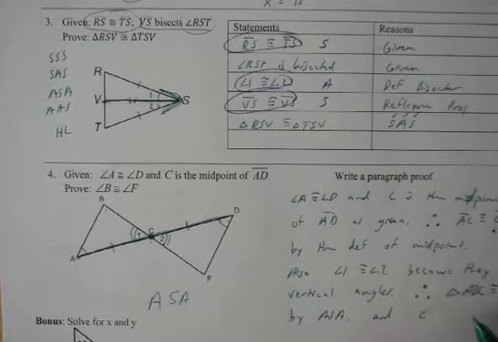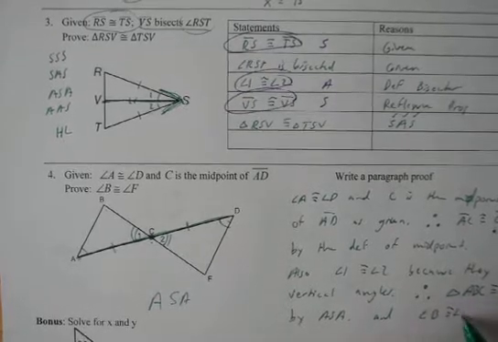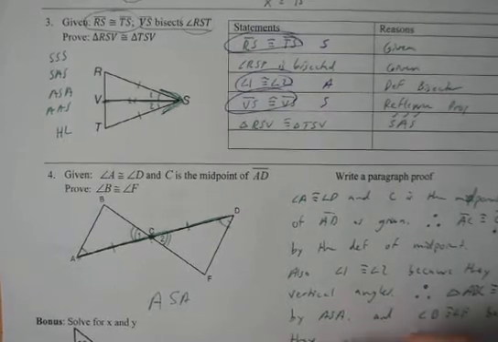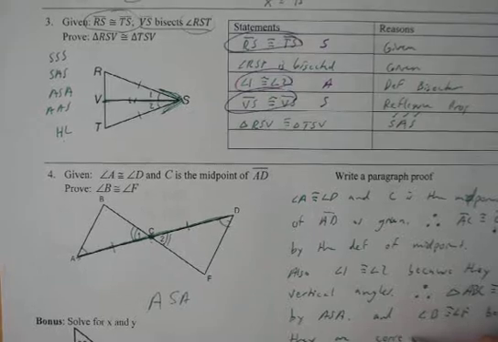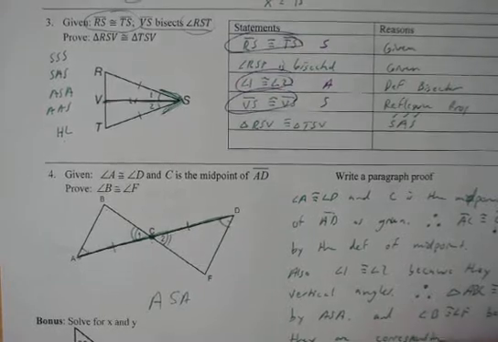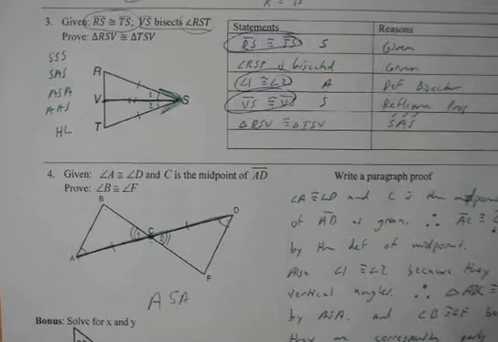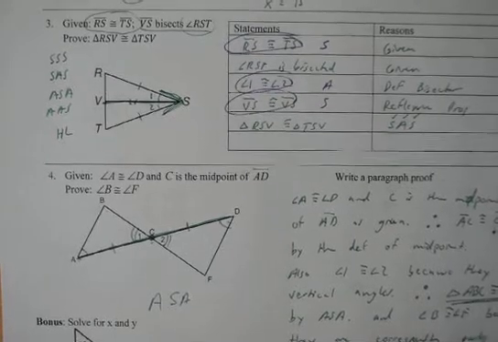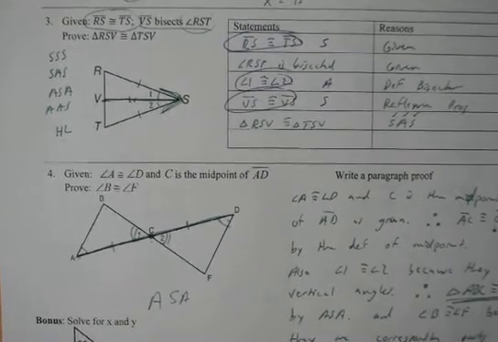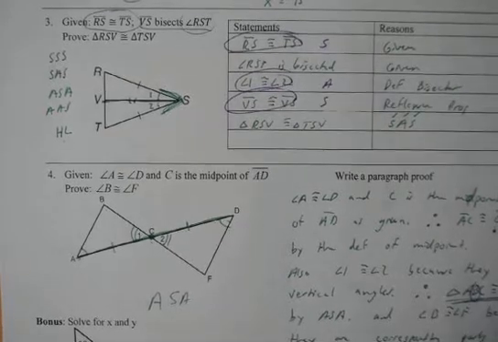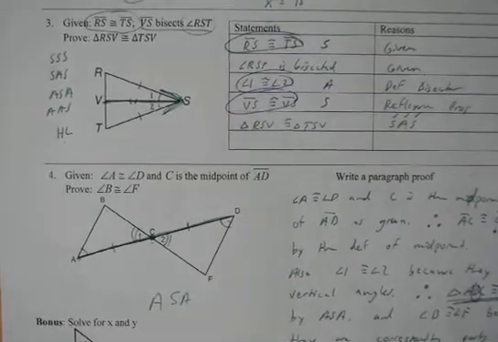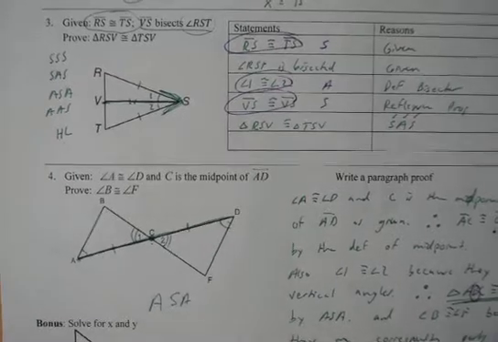And we can now say definitively that angle B is congruent to angle F because they are corresponding parts. If you show that two triangles are congruent, then the corresponding parts are automatically congruent. So B is congruent to F because they're corresponding parts.